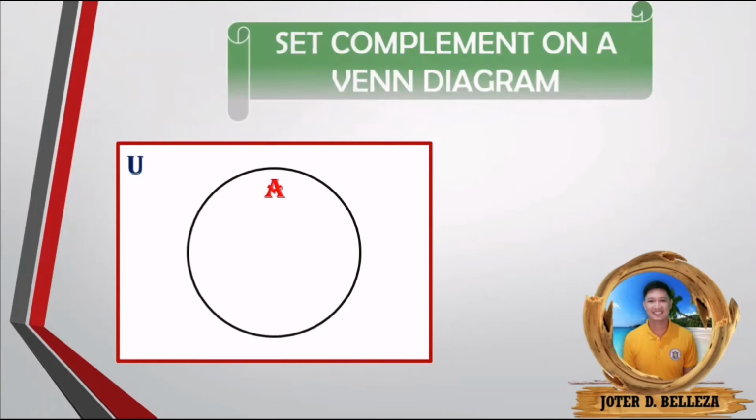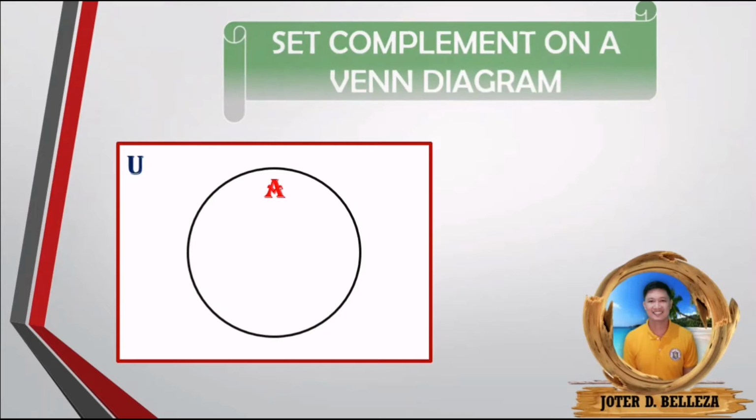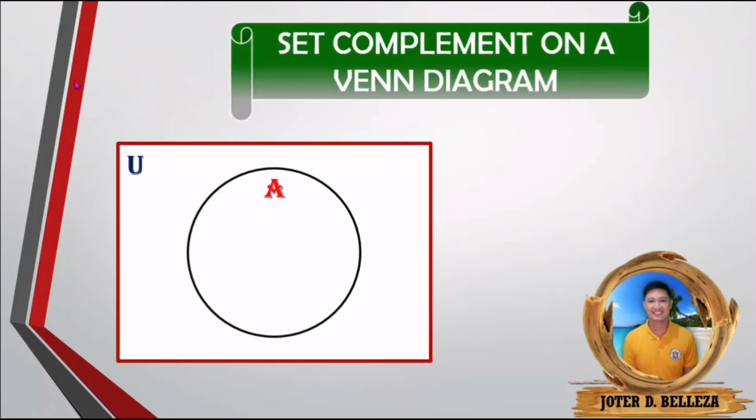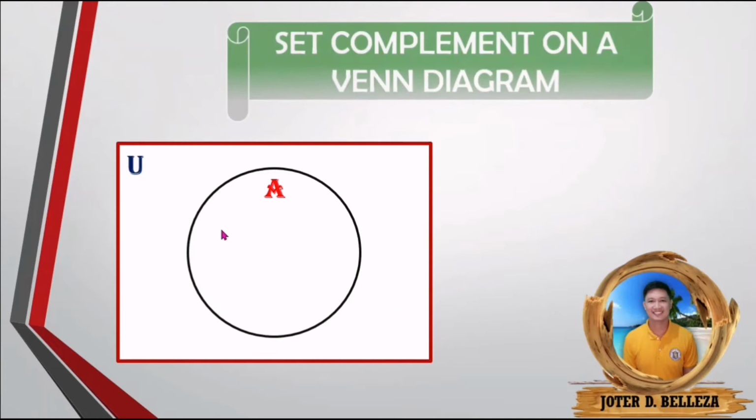Notice that this set A is contained in the universal set, meaning to say that the elements of set A are also found in our universal set. Again, based on the definition of set complement, whatever the elements of U that are not found inside A make up the complement of set A.